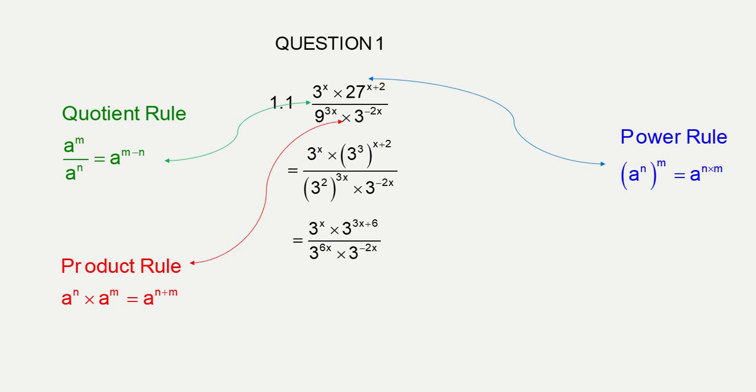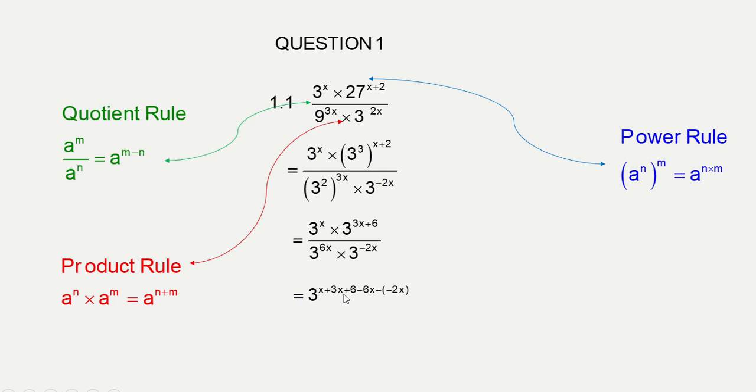You do the same in the denominator, where you'll have 2 times 3x, which will give you exponent 6x. Because you are only multiplying and dividing, you can apply the two rules, your quotient rule and product rule, at the same time.